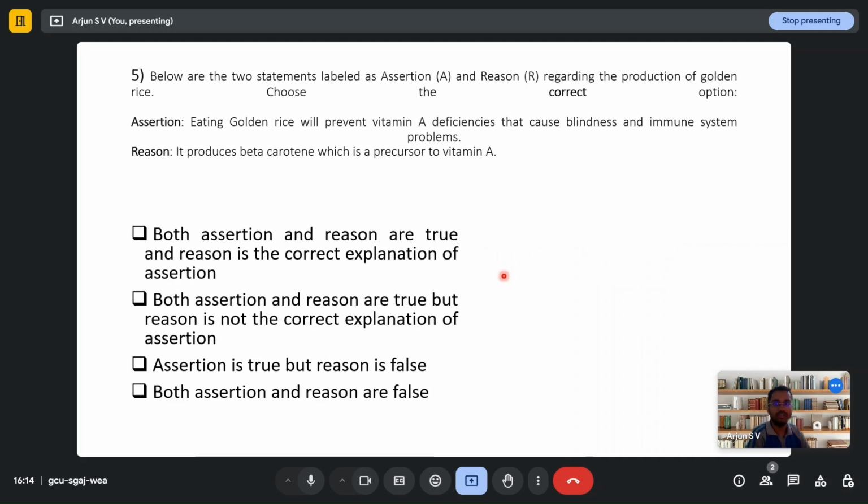So question number 5. Below are two statements labeled as assertion and reason regarding the production of golden rice. Choose the correct option. We have to choose whether the assertion and reason are true and whether the reason is the correct or the wrong explanation for the assertion.